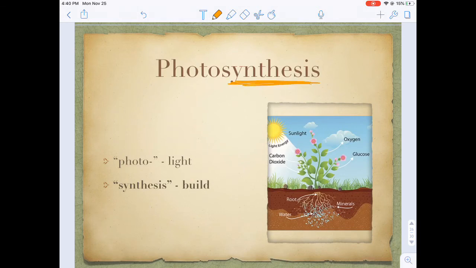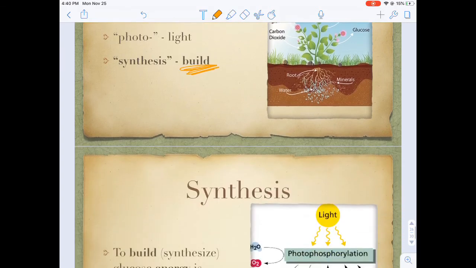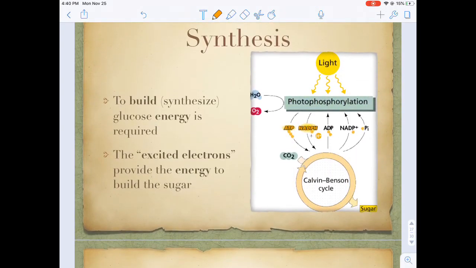Photosynthesis, now we focus on the back half, is where we're building. We're taking in this light energy, and now we're going to be building. We know that we've got two products of photosynthesis: glucose and oxygen. But what's really the important thing to the plant is the glucose.